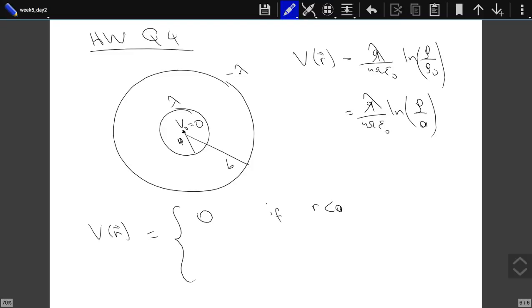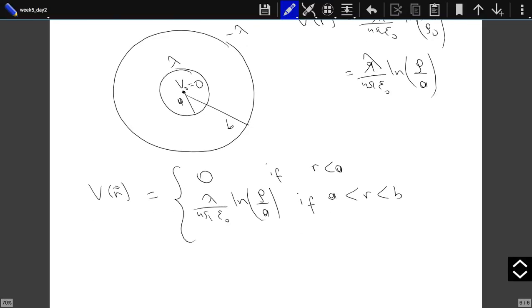In this region, what is the potential? The potential created by this one doesn't change. There is an additional potential created by the inner cylinder. So the potential in that region is lambda over 4 pi epsilon 0 logarithm of rho over A, if R is between A and B. What is the electric field outside?